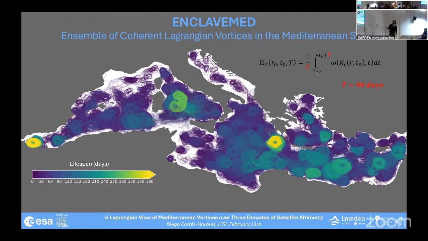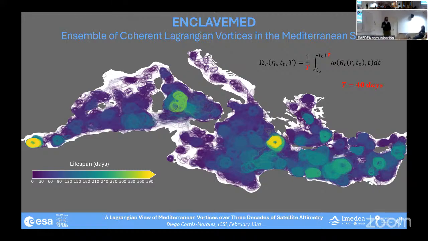And we can see very long structures, more than 1 year long, in very well-known areas where we already know there are vortices with Eulerian approaches.